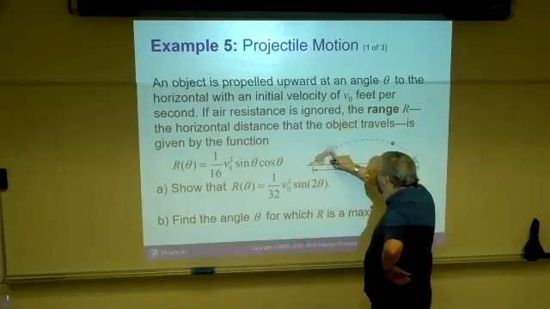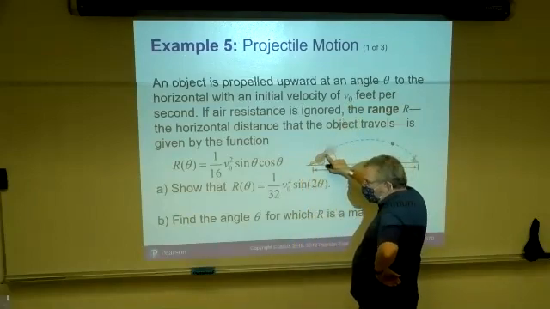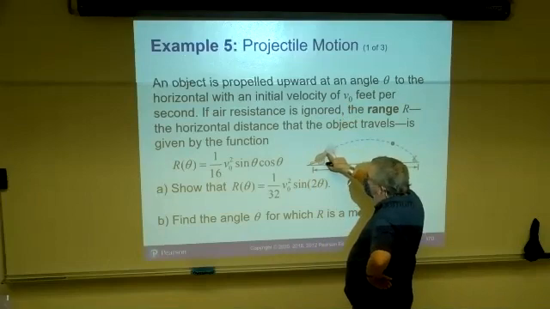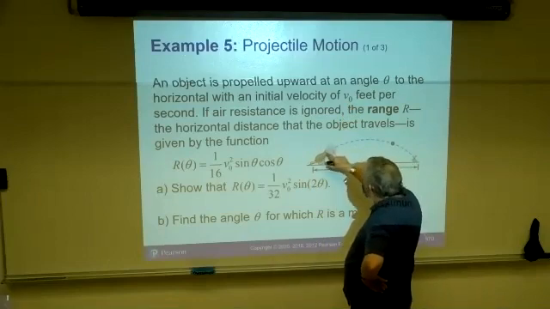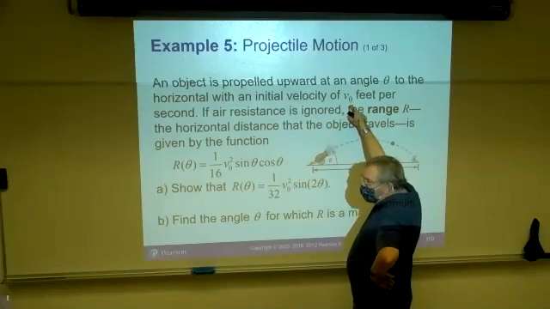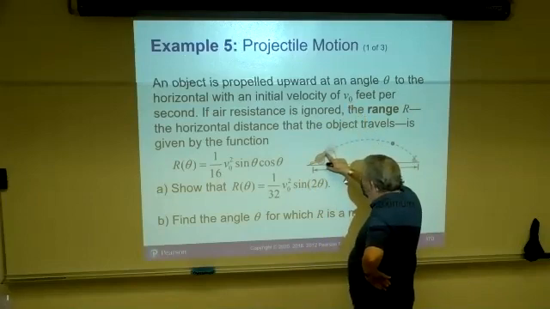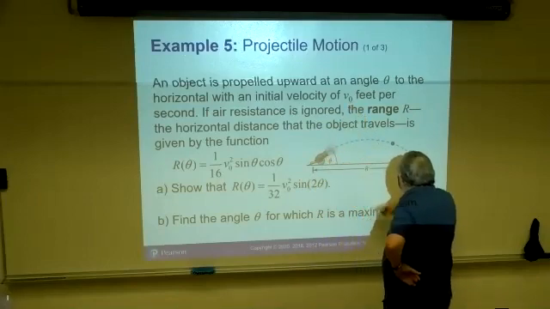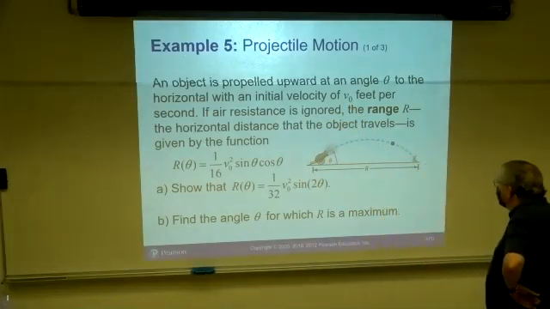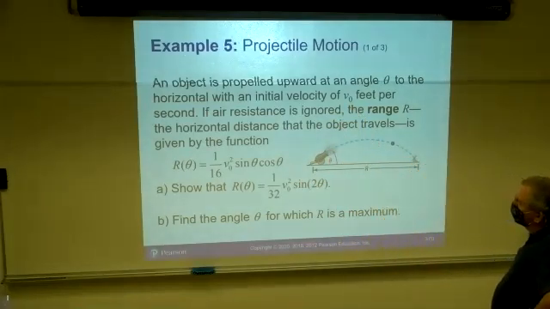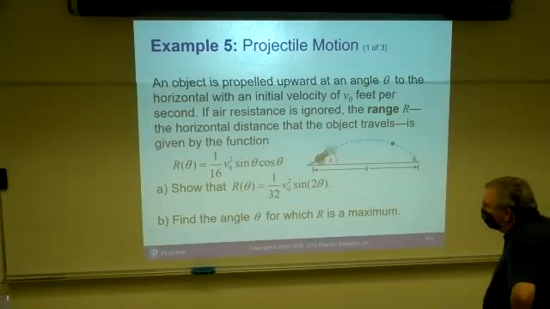So whatever it comes out of the muzzle of the cannon in this case, that is v sub 0. That's its initial speed, how fast it is coming out of here. If air resistance is ignored, then the range is the horizontal distance the object travels, and it's given by this formula.